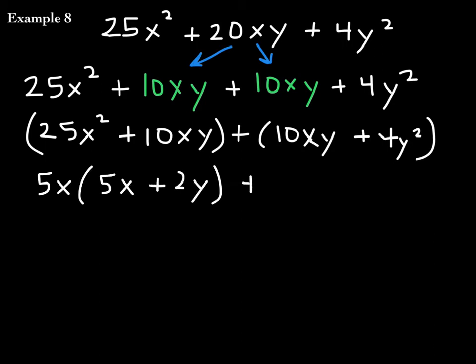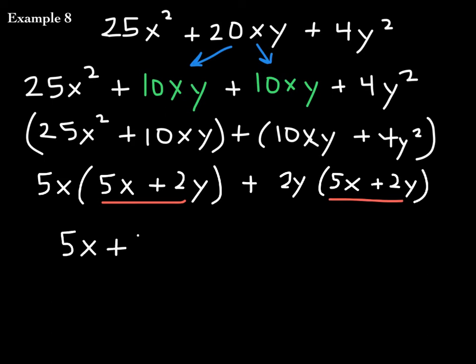And the GCF over here will be 2y, leaving you with 5x plus 2y. Now, I know we're on the right track because I have a common binomial factor. That leaves us with 5x plus 2y, which is the common binomial factor, times what remains, which is 5x plus 2y. So I am done factoring.